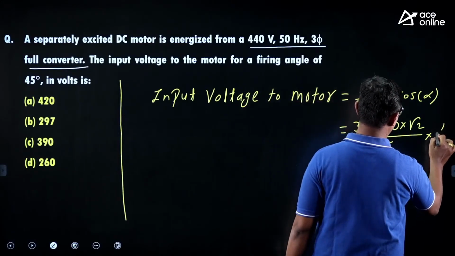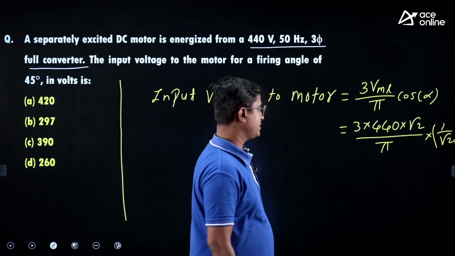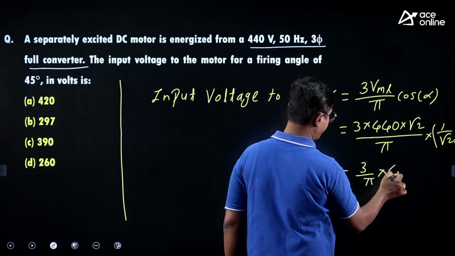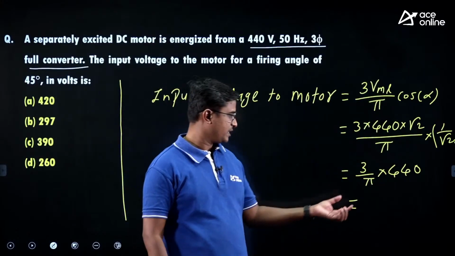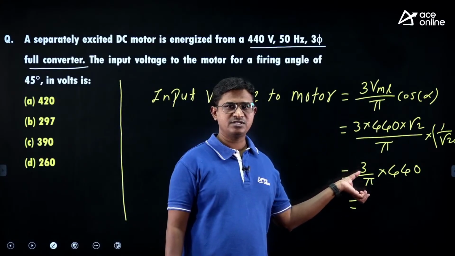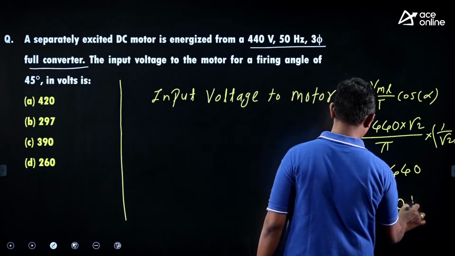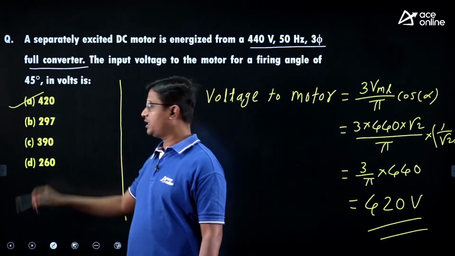Cos 45 is 1 by root 2, so here root 2 will get cancelled out. Yes, 3 by pi into 440. 3 by pi is like 3 upon 3.14, so it will be like 0.955. 0.955 into 440 will be like 420 volt. So answer is option A, right?